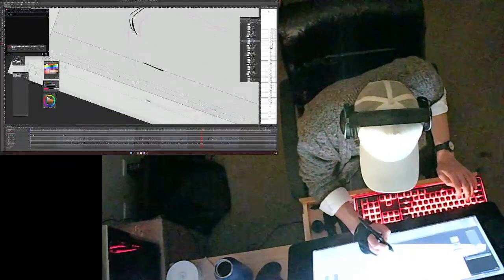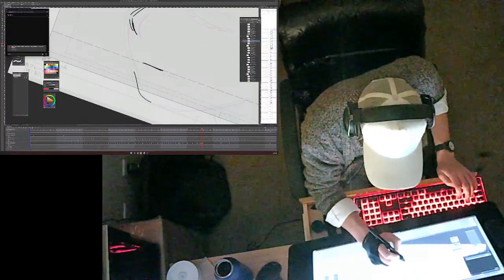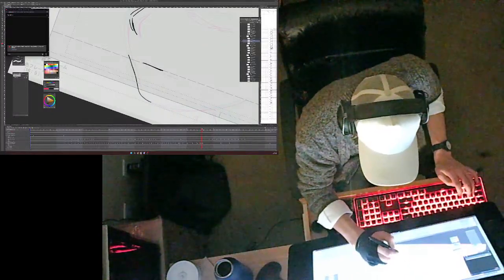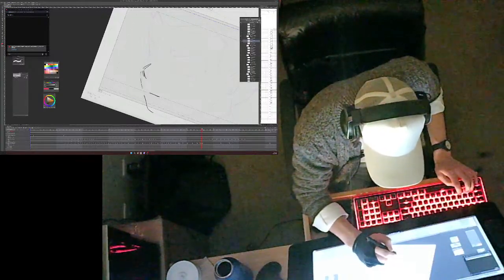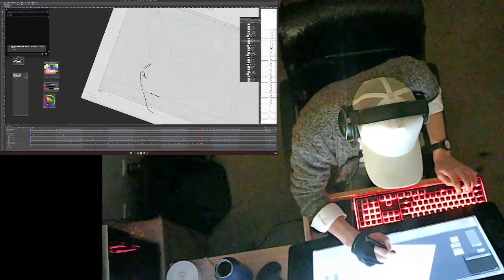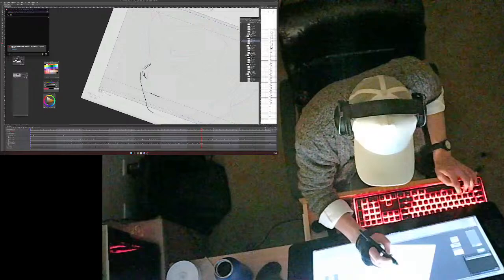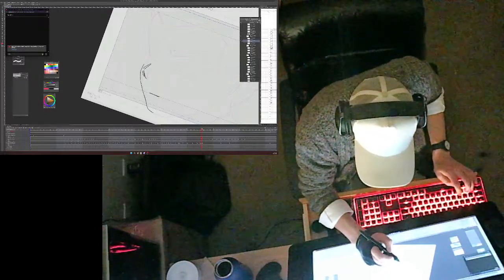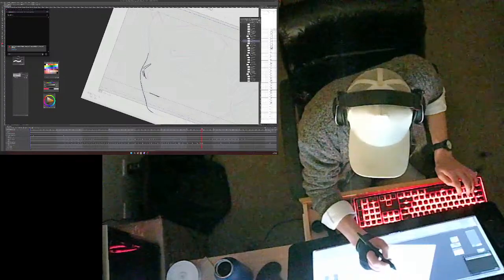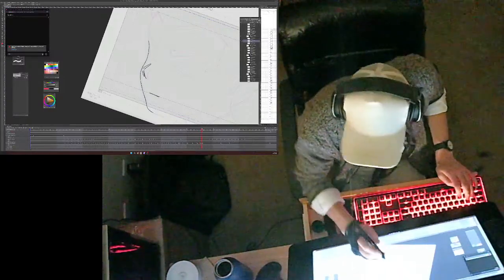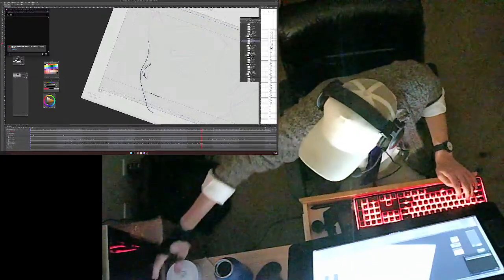Because the closer the drawings are to the blue side, which is the next frame, how do I even explain that?